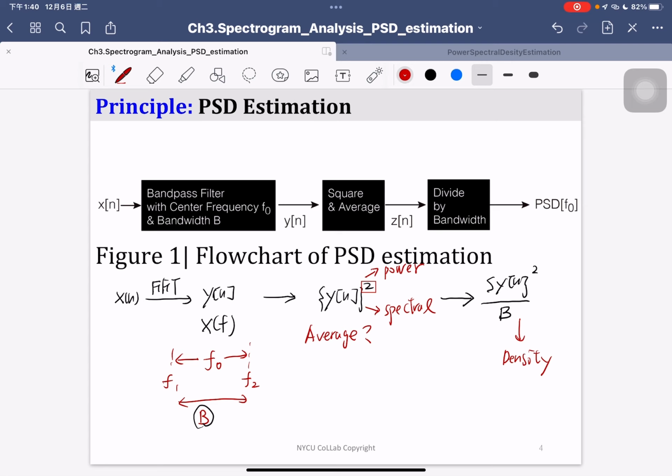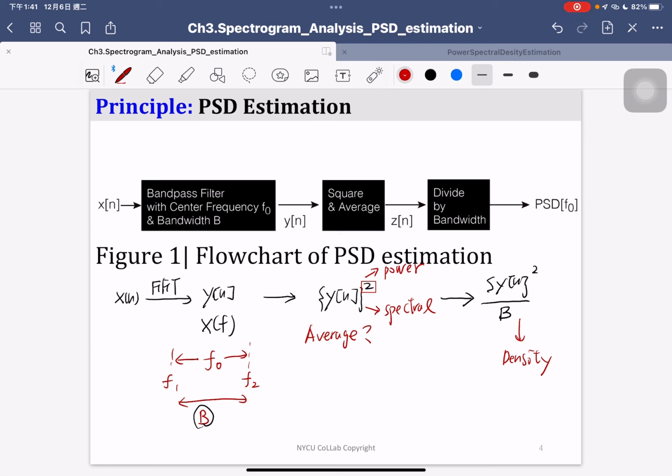But until here, we cannot call that the density, because we didn't divide by any normalization factor. After here, I divide by the bandwidth, and we can call that the normalization factor. Finally, after you divide by the bandwidth, we can call that the density. So that is the whole flow chart, and we have the final output, and we call that the final one.